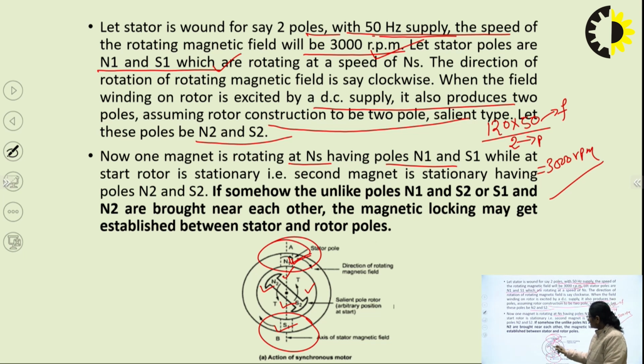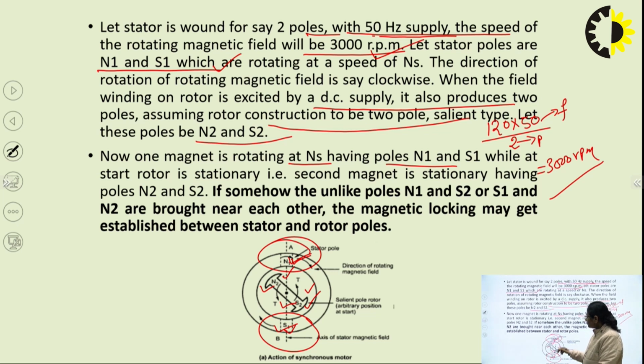Suppose this is the random position of the rotor at a particular instant of time. What we can see over here is that N1 and N2 are in vicinity, that is, like poles are in vicinity. Towards this side as well, S1 and S2 are in vicinity. So there exists a force of repulsion between the like poles here as well as here.